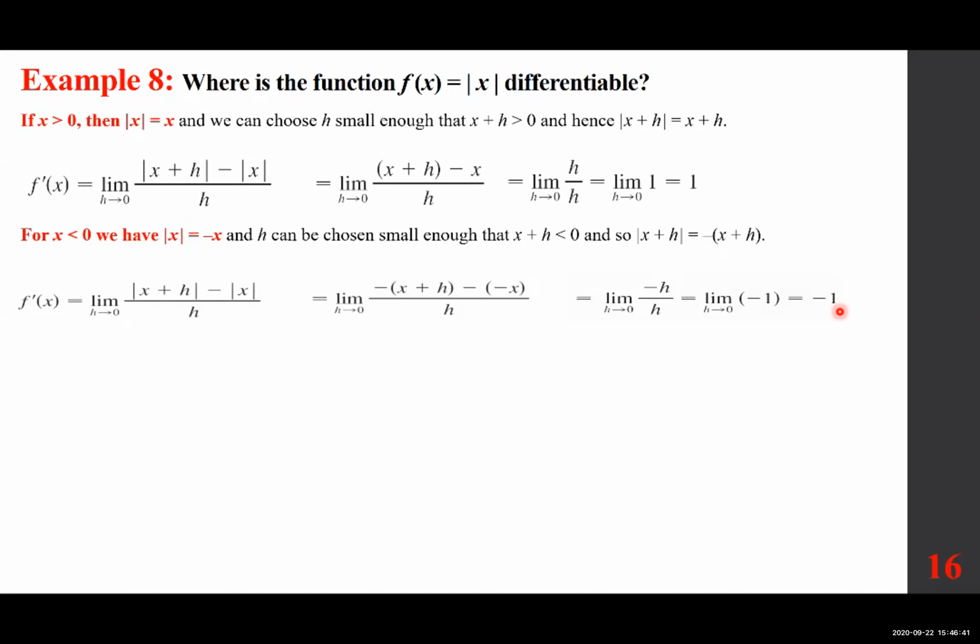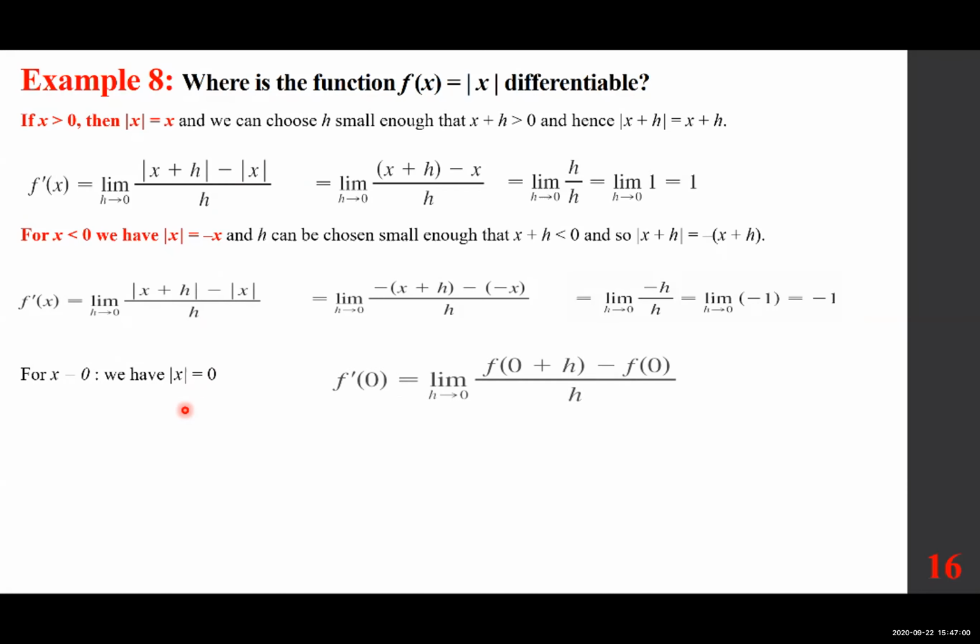Now, what happens when we are at 0, we want to see what happens. So that's important. Now, we are looking specifically at x equals 0, absolute value becomes 0.